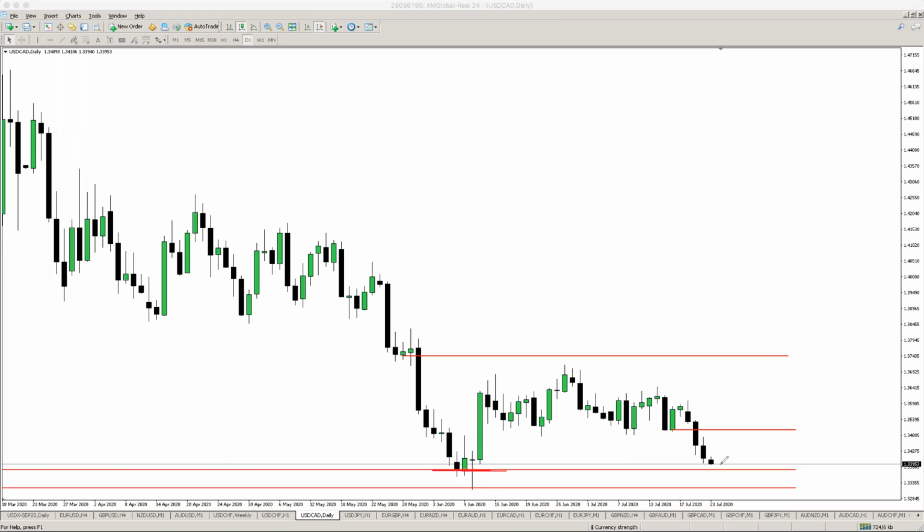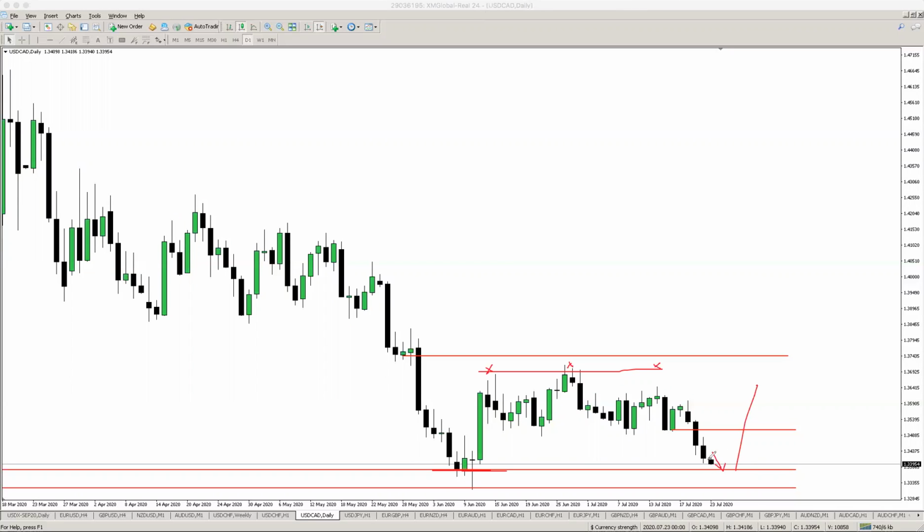We want to see price come and trade into this zone, and possibly have a retracement that will come and take out the stops that reside above this level. So that is what we're expecting in the daily chart.